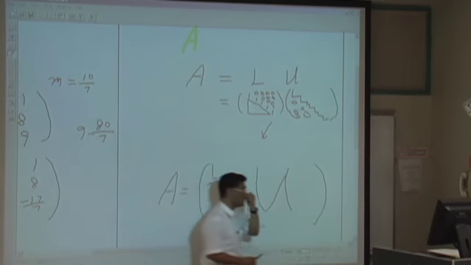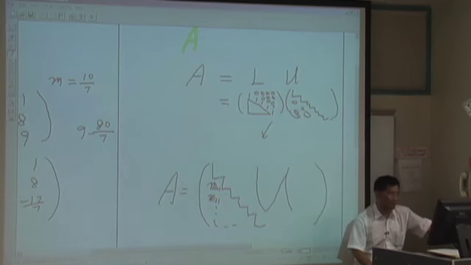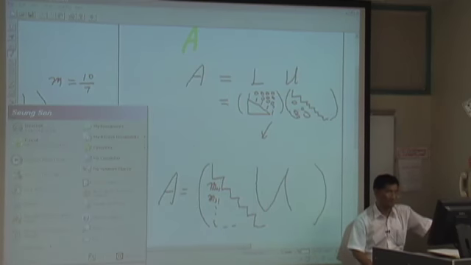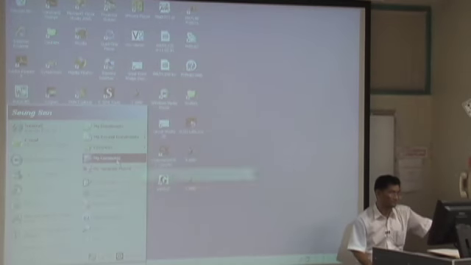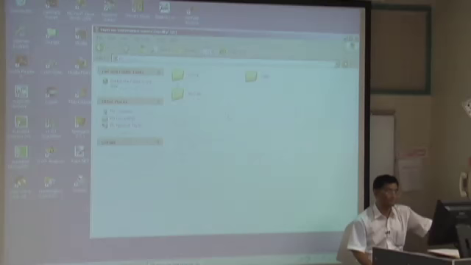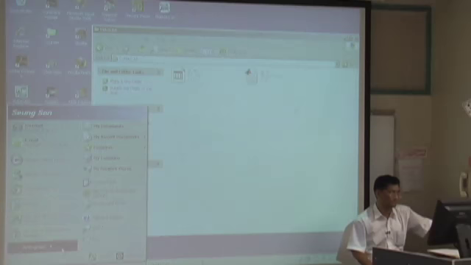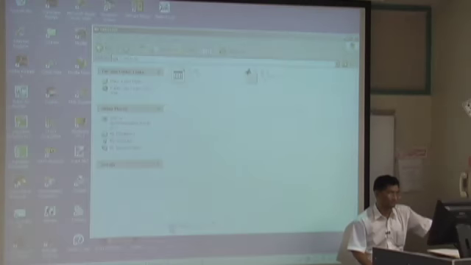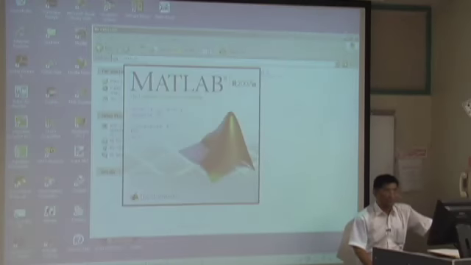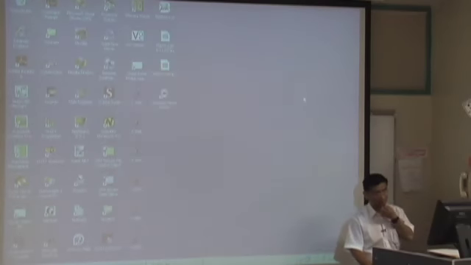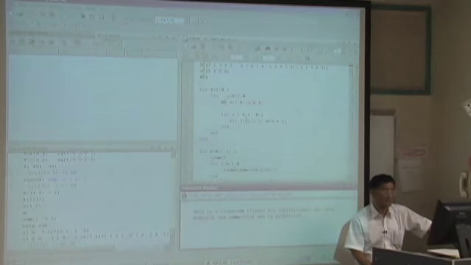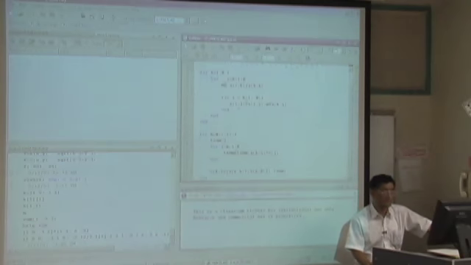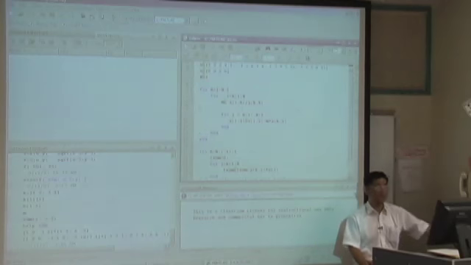Then what things should be attached in my program? Let's attach just one line to hold these things. So what should be attached here? Only one thing is enough.